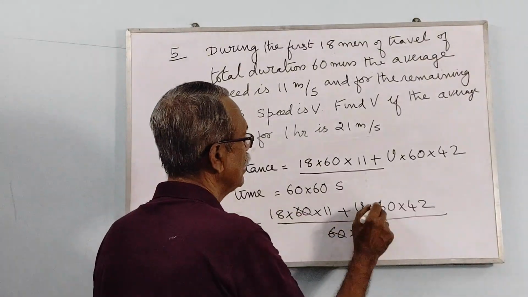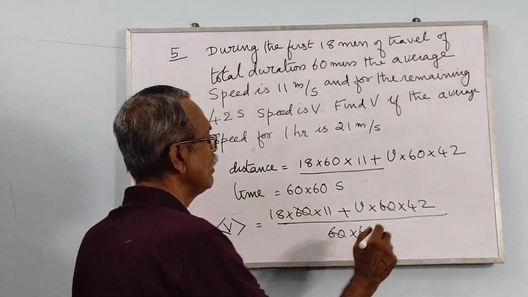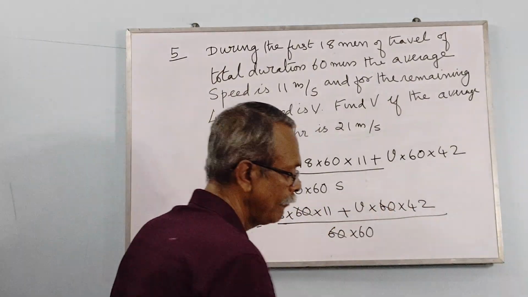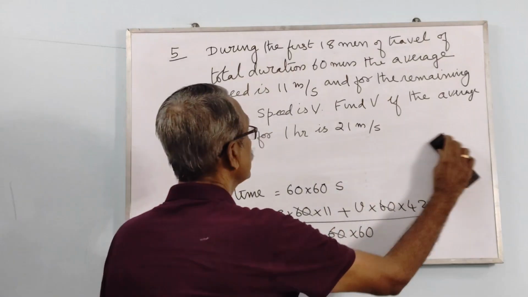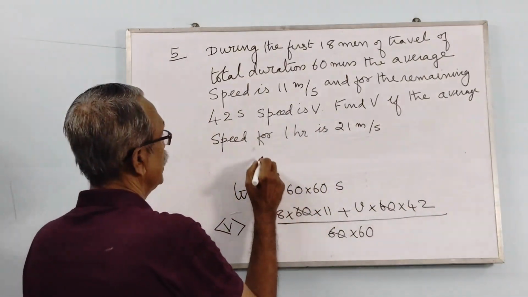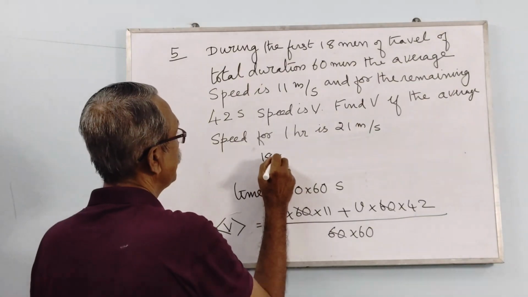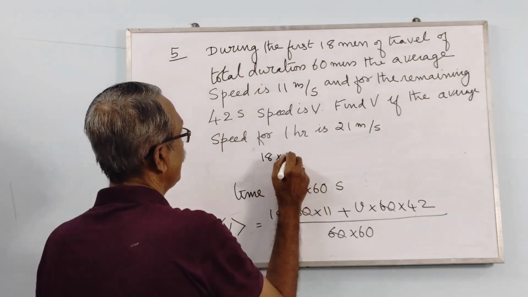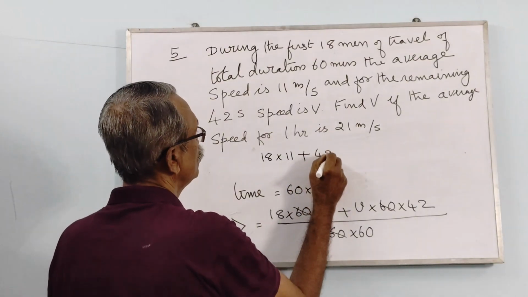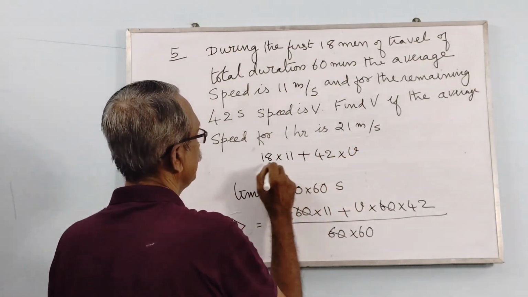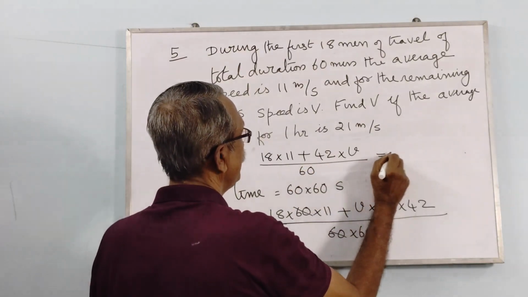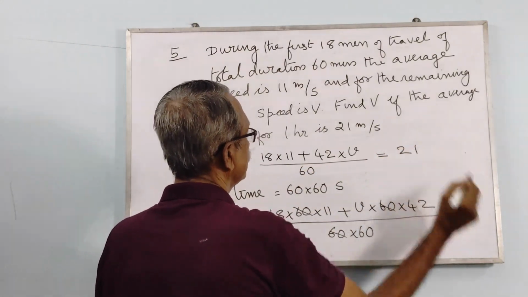So 60 will cancel and you will get 18 multiplied by 11 plus 42 multiplied by V, divided by 60, which is given to be 21.